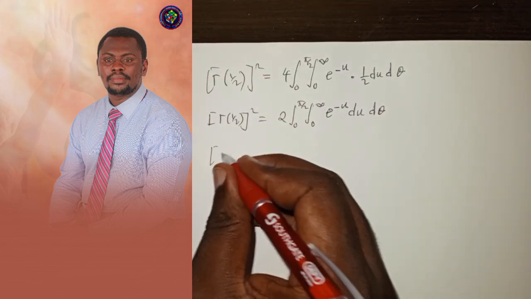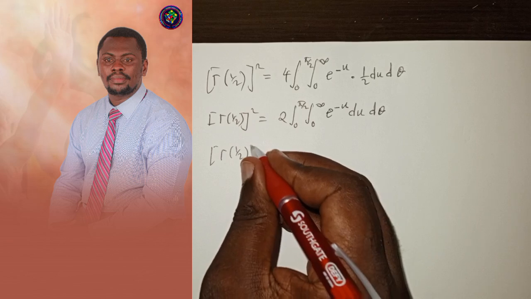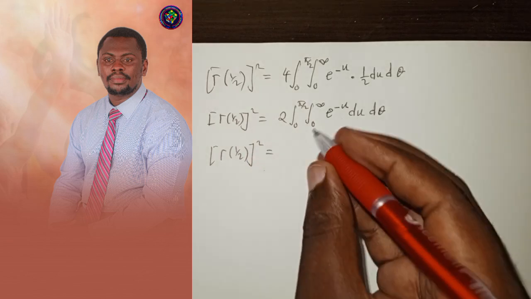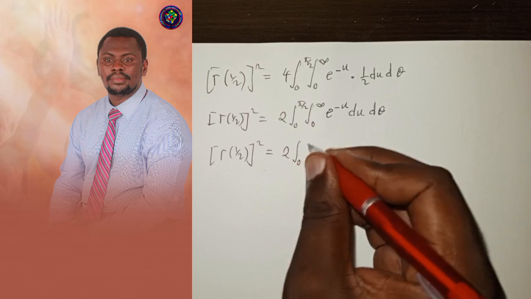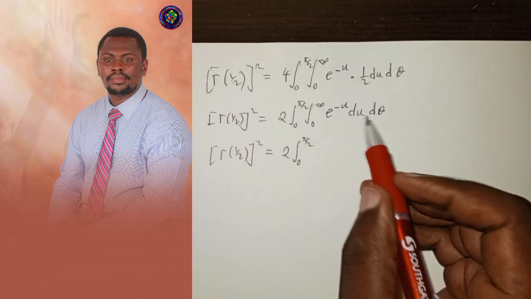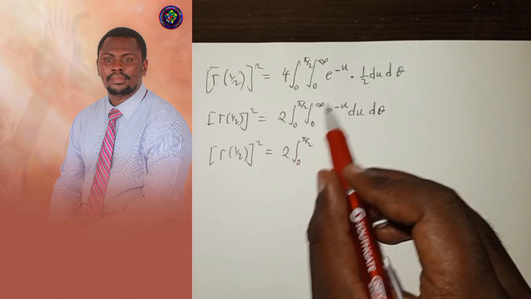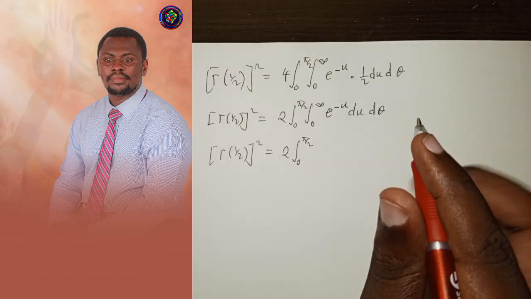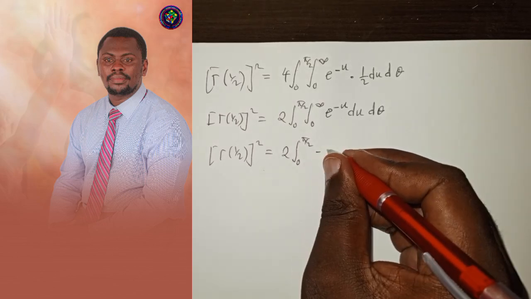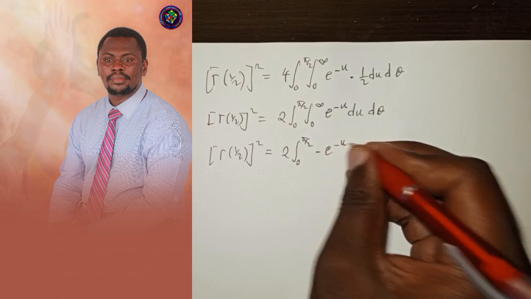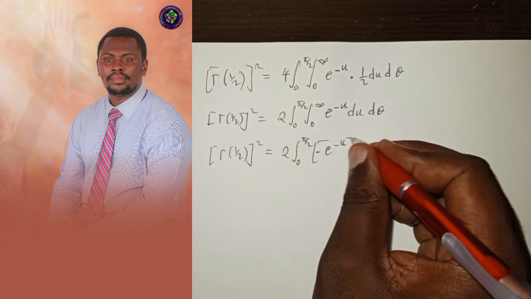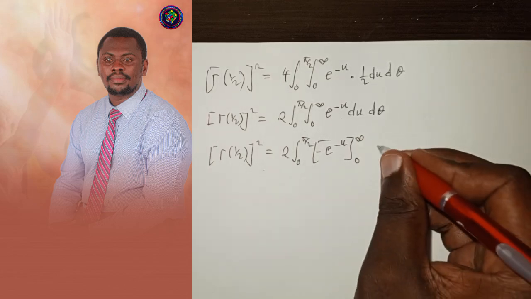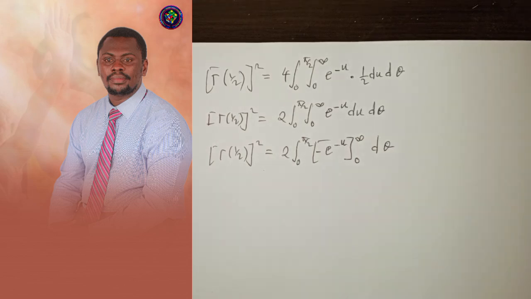Okay, so gamma of 1 over 2 squared is equal to 2 integral from 0 to pi over 2. The integral for e to the minus u is minus e to the minus u. So we are going to have minus e to the minus u. That is the integral. Then the limits is from 0 to infinity. Then we have the theta there.